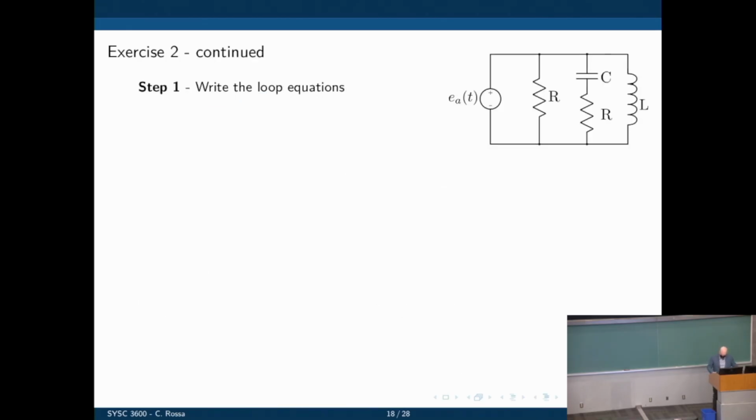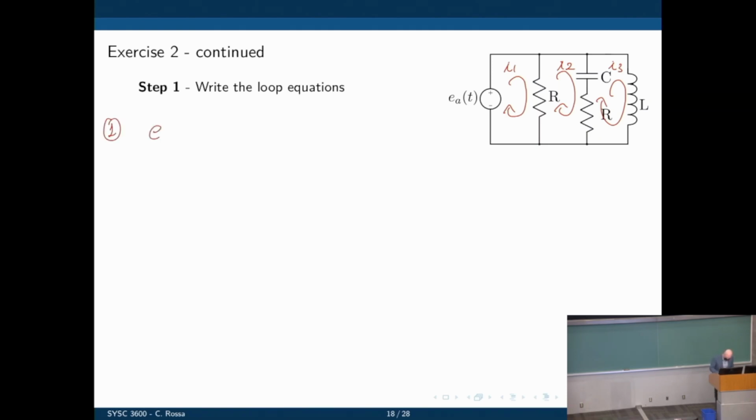So let's do that. If you're doing the direct analogy, we are now looking at the loop equations. Each loop in the system gives us a degree of freedom in the mechanical system. So let's call the currents I1, I2, and I3. What is the equation for loop 1?